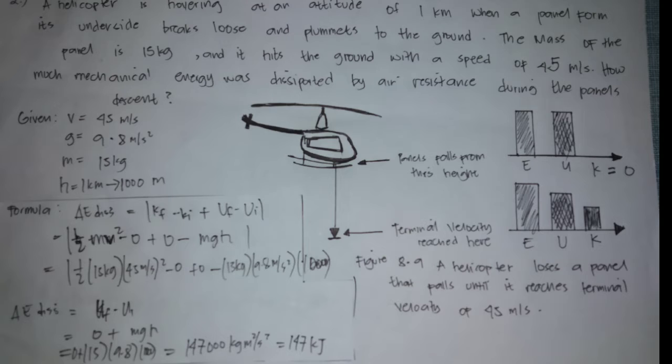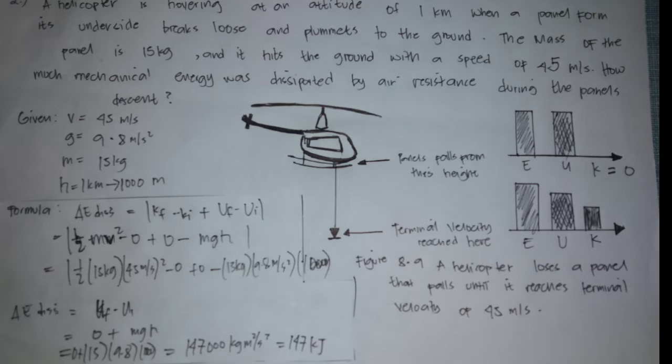At y initial equals 1 kilometer, the initial kinetic energy is 0. At this point, we set the gravitational potential energy to 0. The non-conservative work is set equal to the energies required to solve for the work lost due to air resistance. So, the solution.